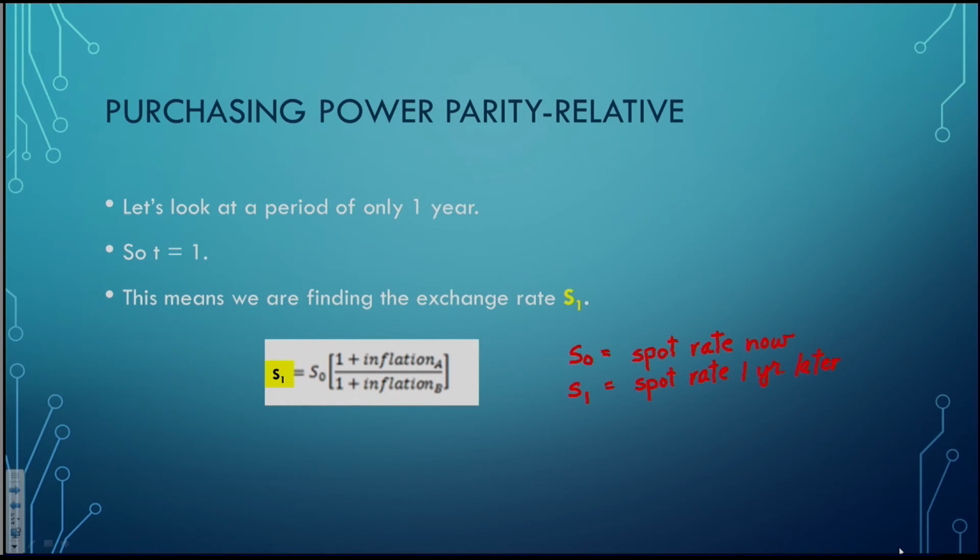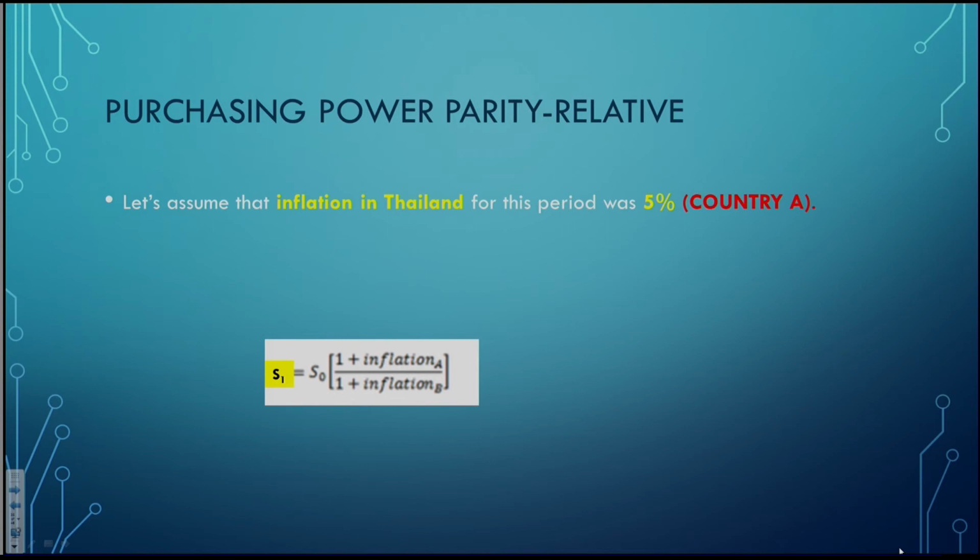Okay, so let me give you a second. Now let's assume that inflation in Thailand for this period was 5%, and we're going to let Thailand be country A. And let's assume that inflation in the United States for this period was 3%, and that's going to be country B. And again, I need to identify a country A and a country B, because that will tell me which one's going on the top and which one's going on the bottom.